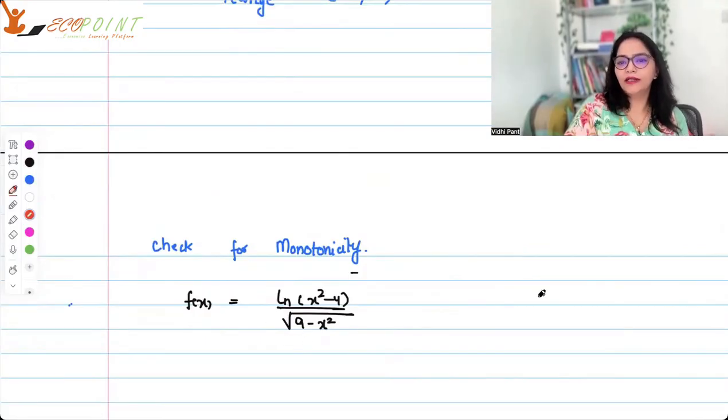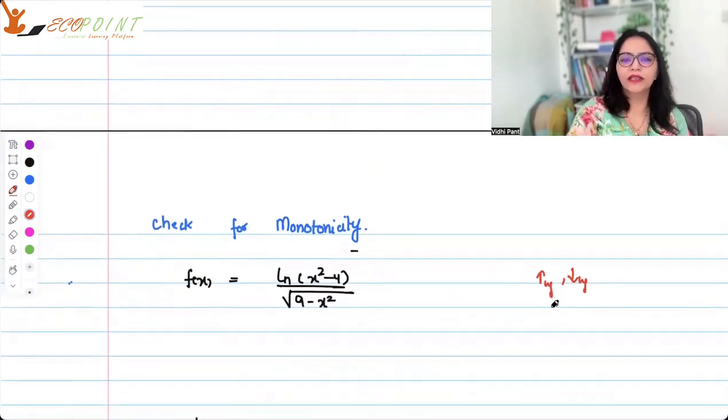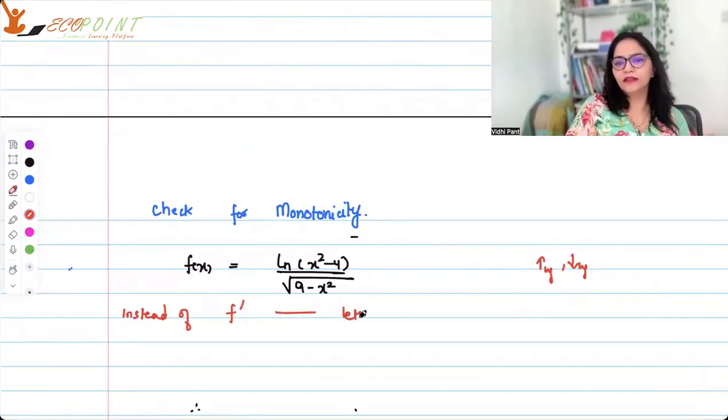For monotonicity, that is increasing or decreasing, of course, you can differentiate and figure it out. But I think differentiation would be rather a lengthy process in this case. So why not just analyze it?